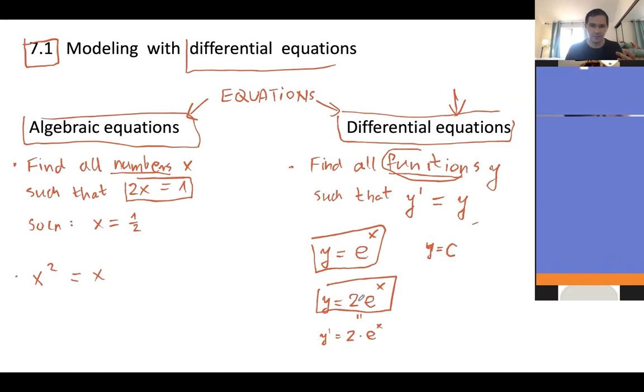C could be any number, for example, 1 or 2 or 7 or anything, and then c times e to the x. Well, let's compute the derivative y prime. Taking derivative is a homogeneous operation, so this is going to be c times the derivative of the exponential function, which is the exponential function as well. And again, c times exponential equals c times exponential, so y equals y prime. So in other words, this function is a solution of my differential equation.